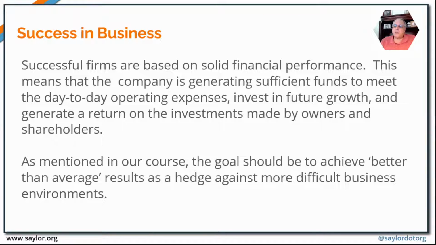One, it ensures that you're generating an appropriate amount of cash. Two, it provides a hedge against the unknown. What can happen if there are economic considerations or challenges, market changes, consumer demands are very dynamic. And so looking to at least be average, but looking to achieve more than average is a reasonable goal for businesses today.